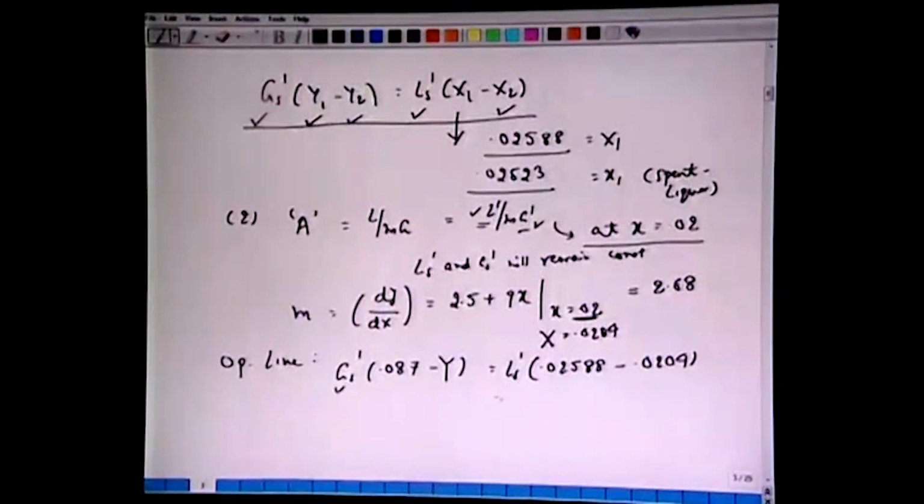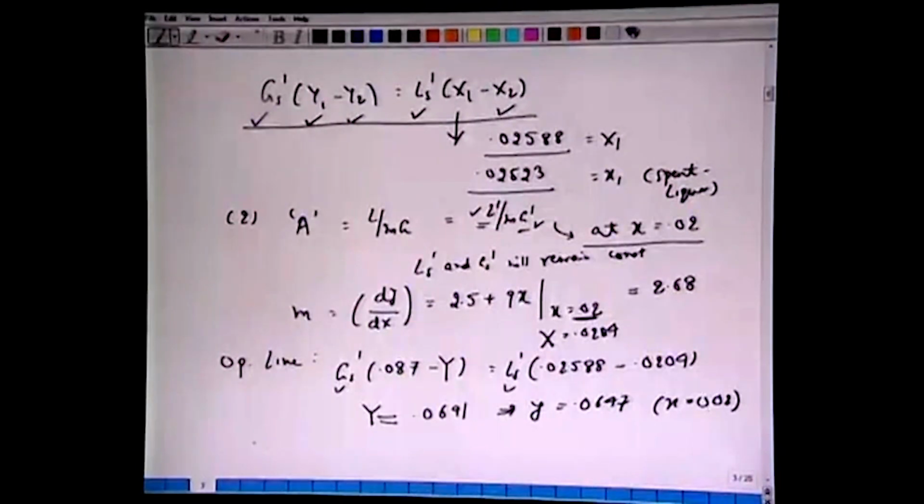GS prime and LS prime are known to us. We get capital Y equals 0.0691. This will give us the mole fraction 0.0647 corresponding to x equal to 0.02.